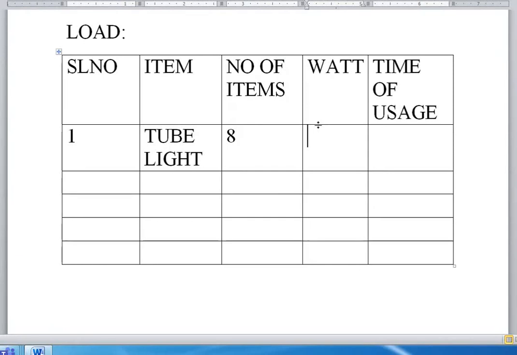That is 3000 watts. So now let us fix on two smaller things. Let us go for the CFL or the LED, that is 20 watts.